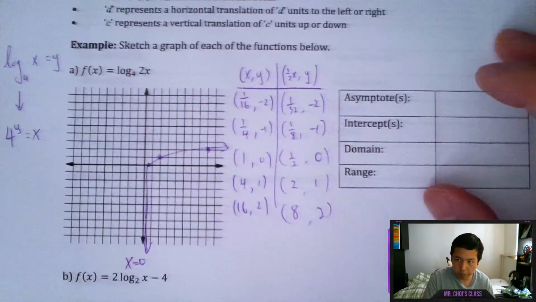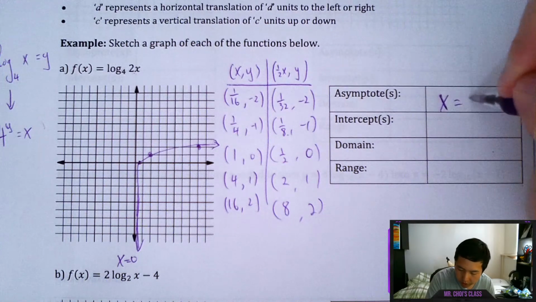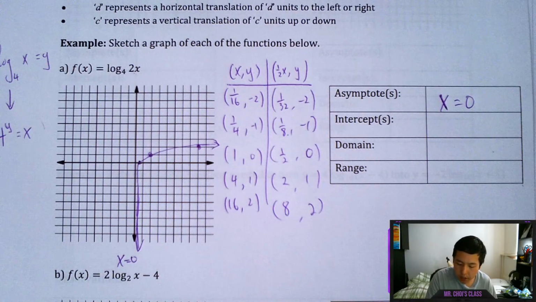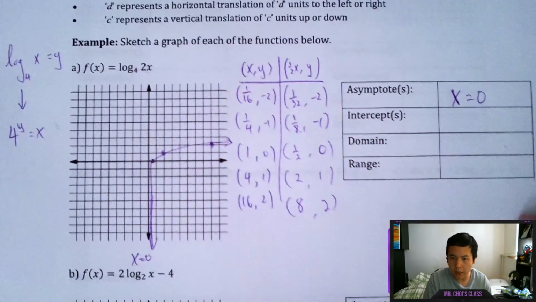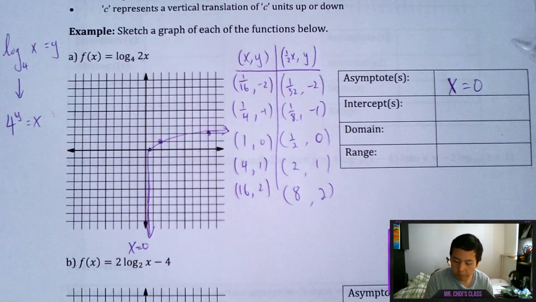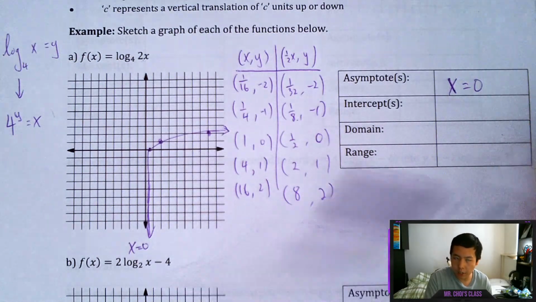Okay, so what's our asymptote? Our asymptote is going to be x equals 0. That makes sense because logarithmic functions cannot make 0; it's impossible because exponential functions cannot equal 0. So that's where that comes from. For the intercepts, there's not going to be a y-intercept because of that vertical asymptote.